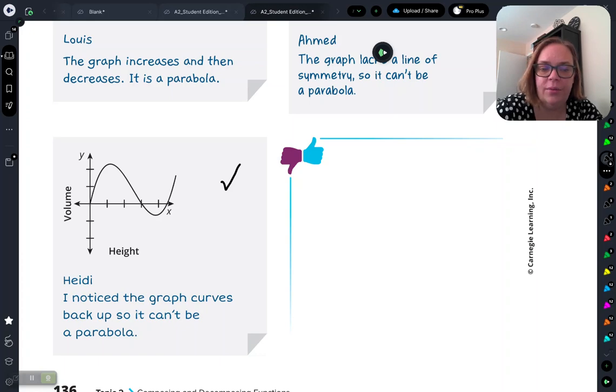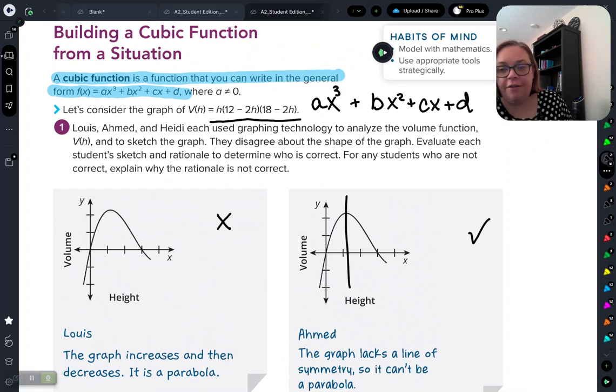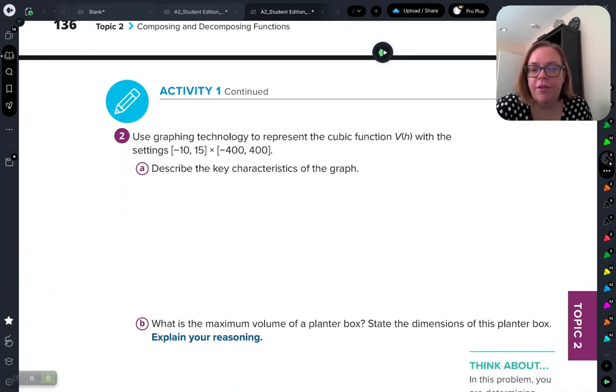Okay, now notice she must have zoomed out. Remember, when you're graphing something in Desmos, it's really important that you're looking at the whole picture. Something could look like a line if you're zoomed in really close when it's not. So let's use graphing technology to represent the cubic function V of h with the settings -10 to 15 and -400 to 400.